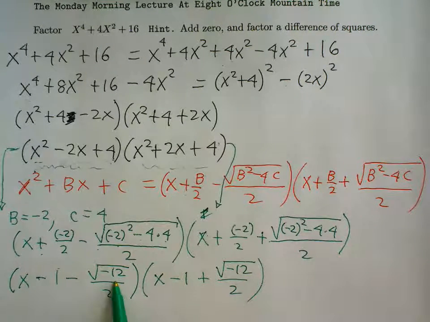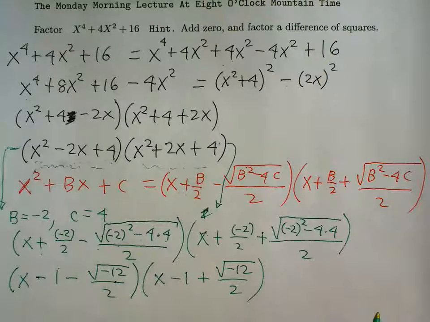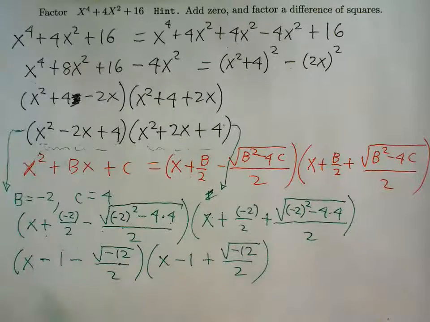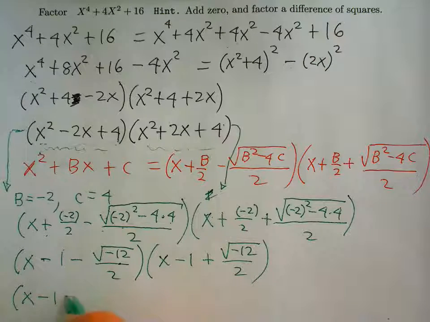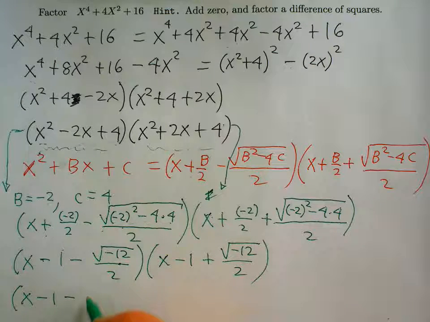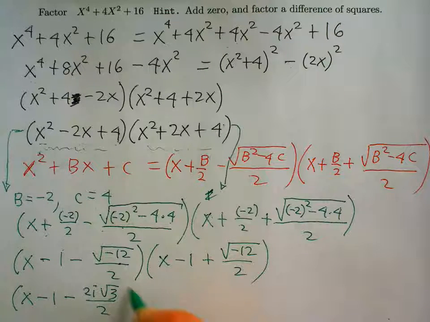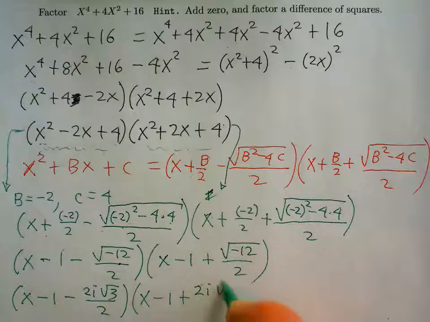And the square root of negative 12 simplifies to 2 times i times the square root of 3. So let's write that as x minus 1 minus 2i times the square root of 3 over 2. And the other factor, x minus 1 plus 2i times the square root of 3 over 2.